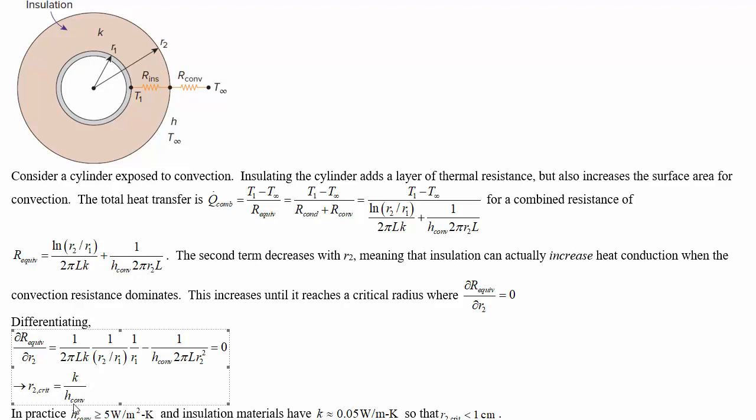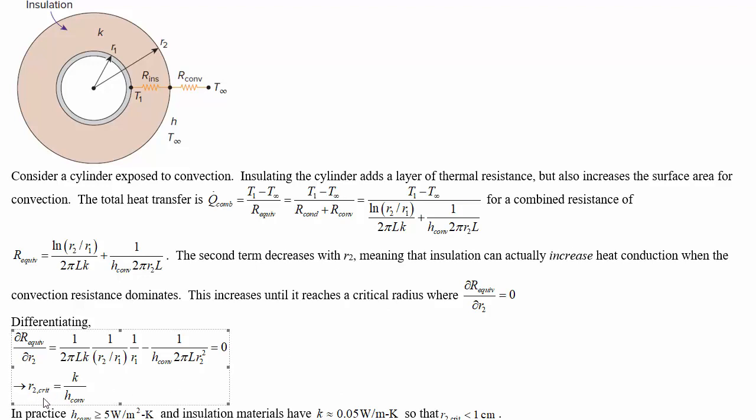So if convection is relatively small compared to conduction, then adding more insulation will make things worse. But if convection is very large compared to conduction, so we've got a good insulator, then adding more insulation probably makes things better. Again, this balance happens.